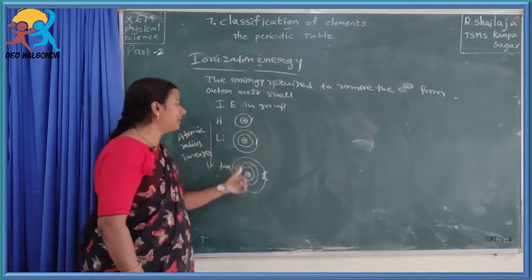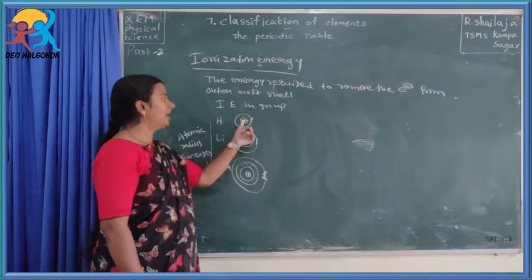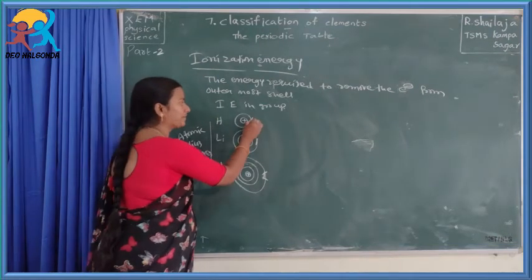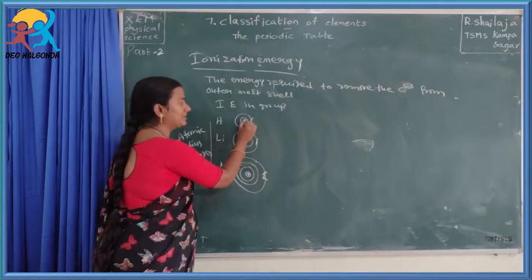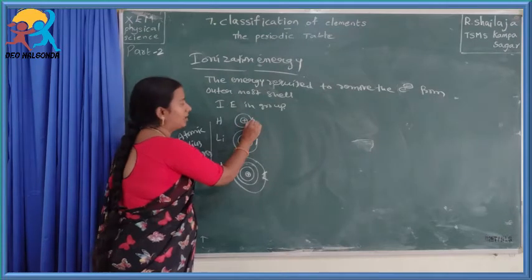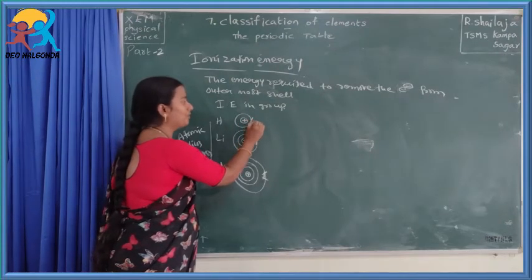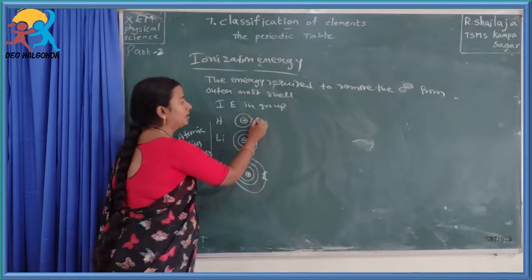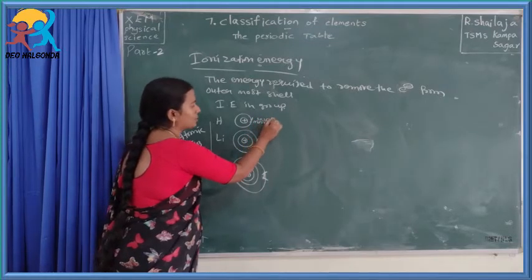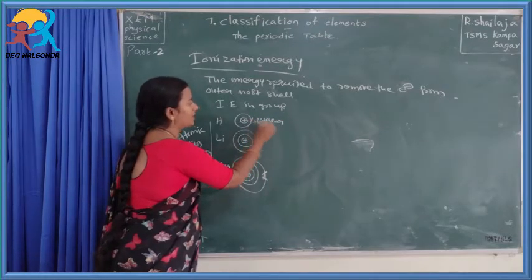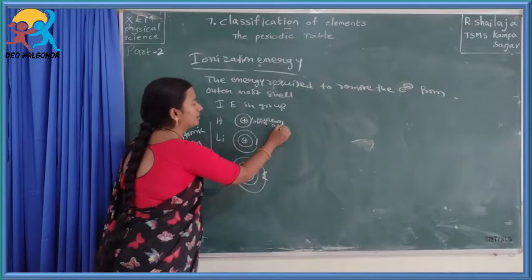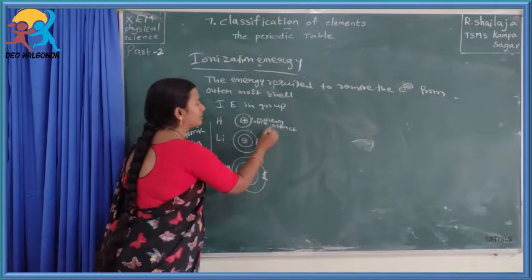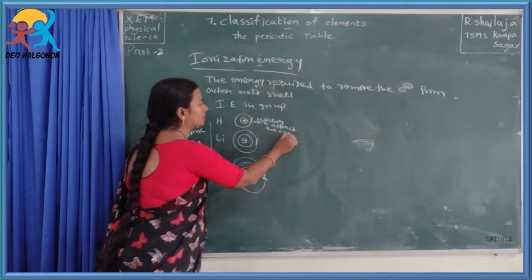Now you see in these 3 elements, here from nucleus to first shell the distance is less, so the proton's effect on the outermost shell electron is more. The nuclear attraction is more, it attracts the outermost electron more.